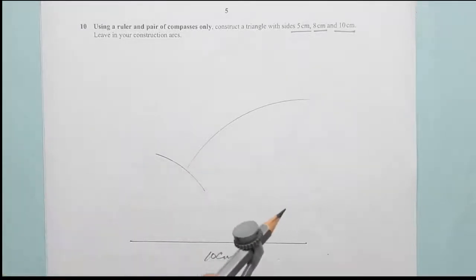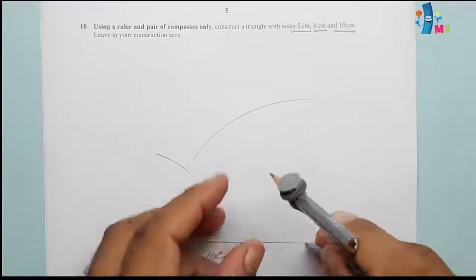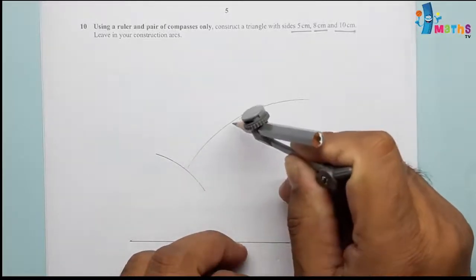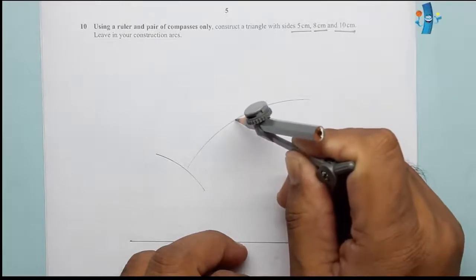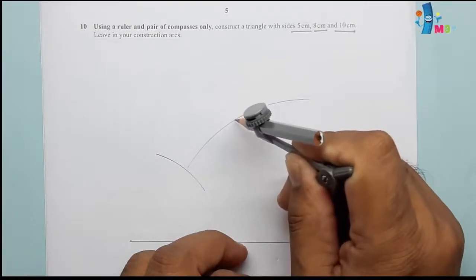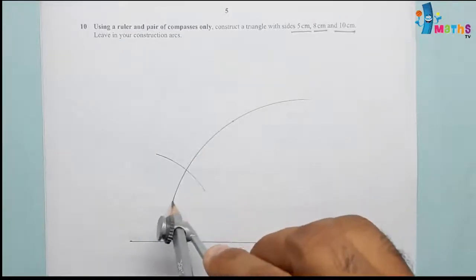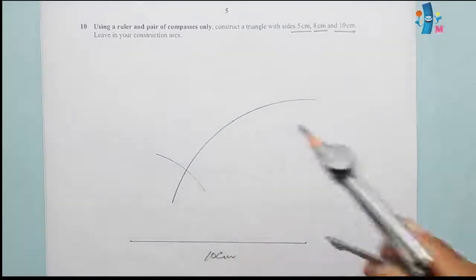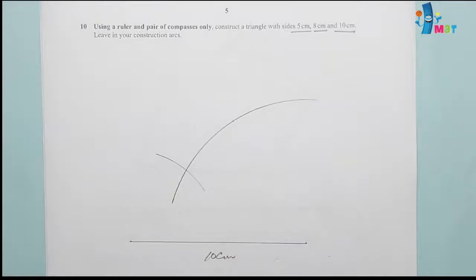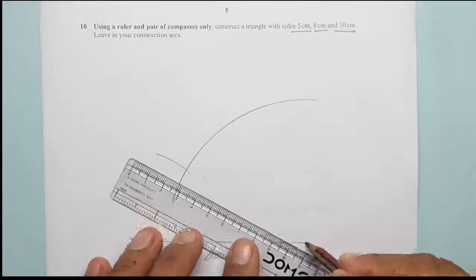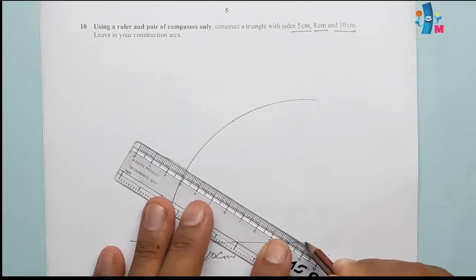So we'll have to extend the other arc, so we can adjust the other arc like this one. We will extend the arc, and now we got this point, and we can join these 2 points with this one.